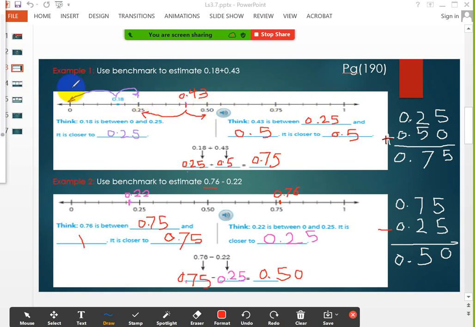On benchmark, I have to locate each number, find the closest comparable number, and round to it. Then I have to add or subtract, the same strategy as with whole numbers.